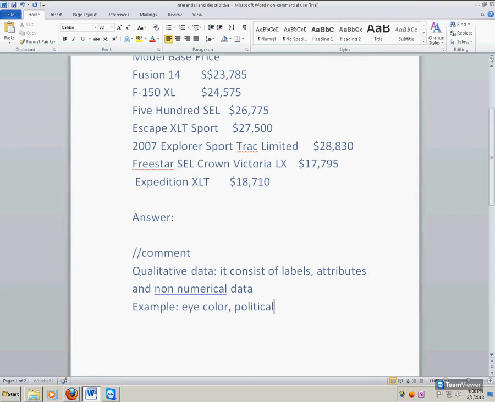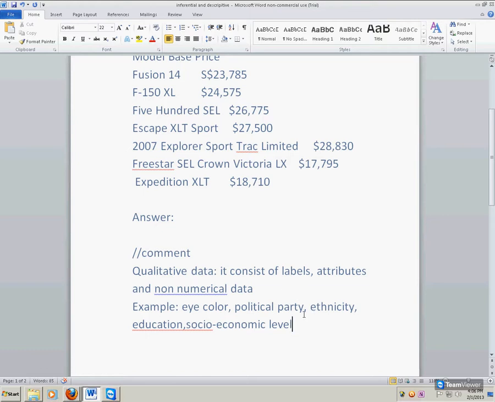Ethnicity. Socio-economic level. That could also be a level, I'll say that is also qualitative data. So these are some of the examples you could find in qualitative data.